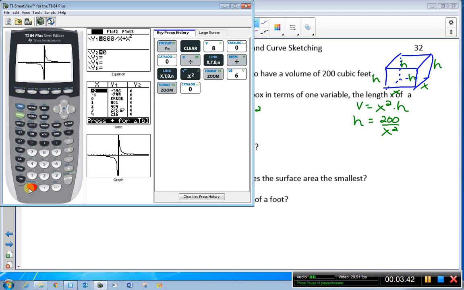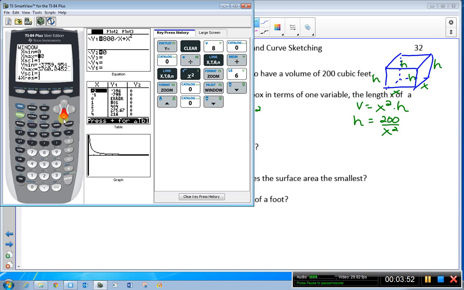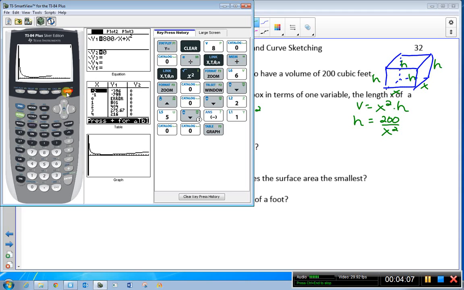Still not great, so I'm going to go into that window, and first of all, I'm going to change the x min to 0. And the x max, let's try 25. And I always tend to do negative 100 for y min. And you can start to see how it's increasing, and you should see the minimum point there.